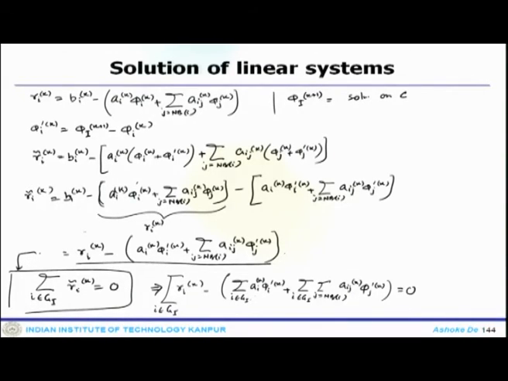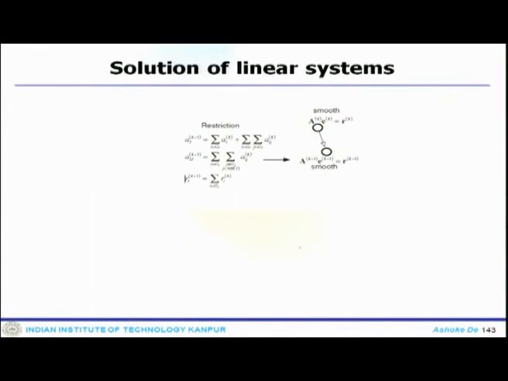So, what happens is that you can rewrite this equation, and one can see, if you rewrite that equation, then one can write: summation of j belongs to nb i, A_ij^(k+1) phi_j'^(k+1) equals R_i^(k+1).